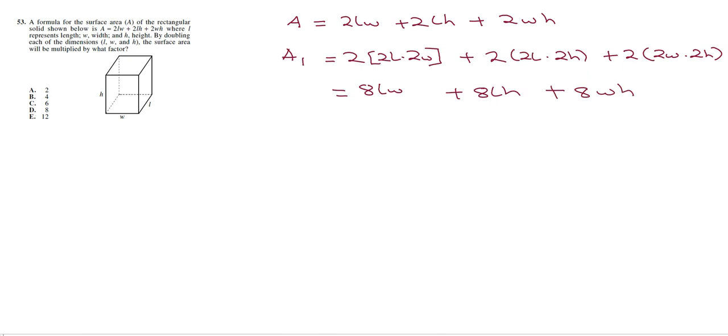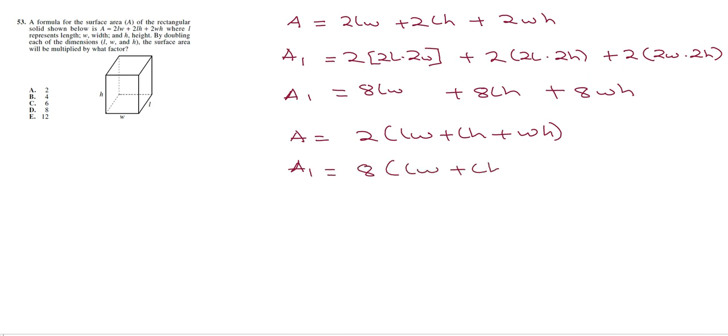So we want to find out the multiplier factor, so A1. So let's go ahead and factor A1 and A. So A is the same as 2 times (LW plus LH plus WH). A1 is the same as 8 times (LW plus LH plus WH).